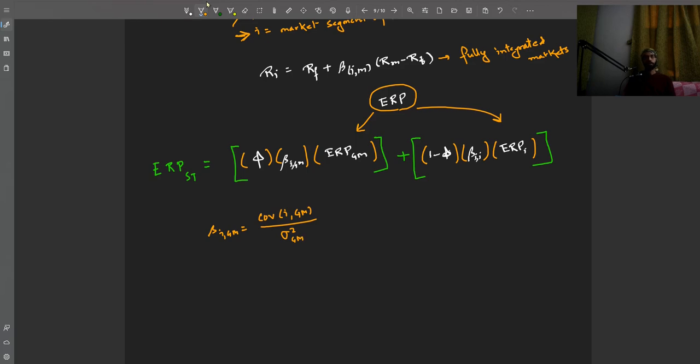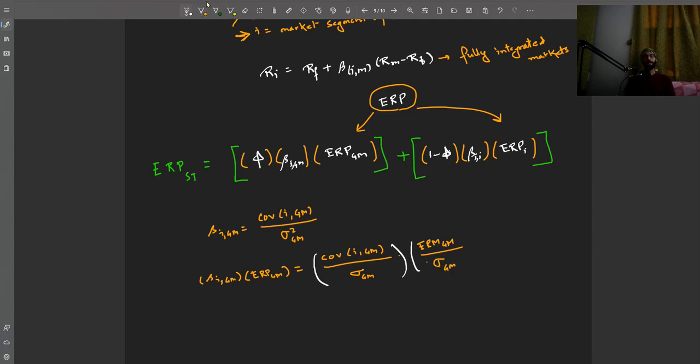Now if you multiply beta of I with respect to global markets by the equity risk premium of the global markets, then this is equal to covariance of I with respect to GM divided by variance of the global markets, or the standard deviation, multiplied by equity risk premium of the global markets, ERP GM, divided by standard deviation of the global markets.